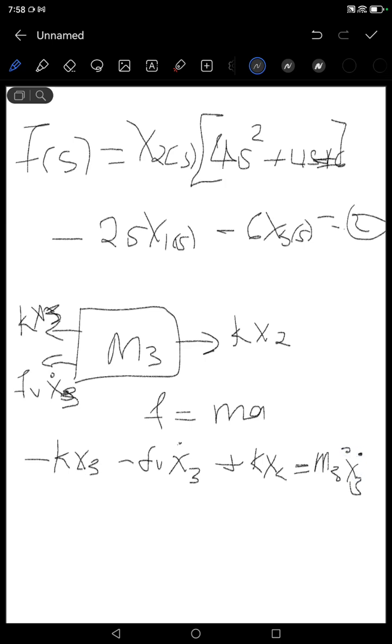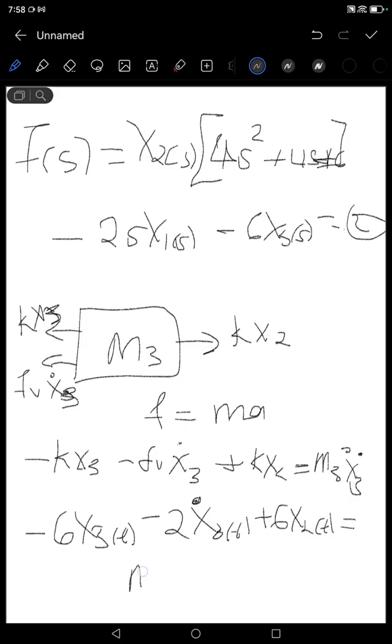Okay, and now we can substitute the values. Remember, all the k's are equal to 6, Fv equals 2, and the masses are equal to 4. So we're going to have negative 6 x3 of t minus 2 x3 dot of t plus 6 x2 of t equals 4 times x3 of t dot dot.